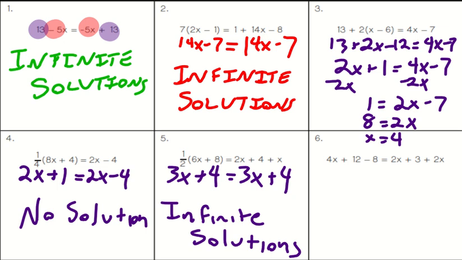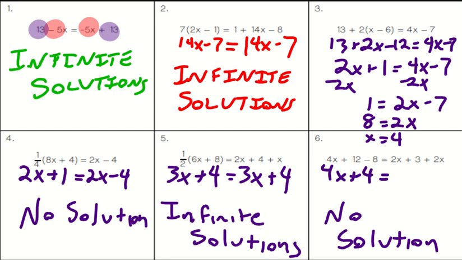Number 6. Who thinks I have number 6? Evelyn? No solution. Combine like terms on each side, we got 4x plus 4 and 4x plus 3.